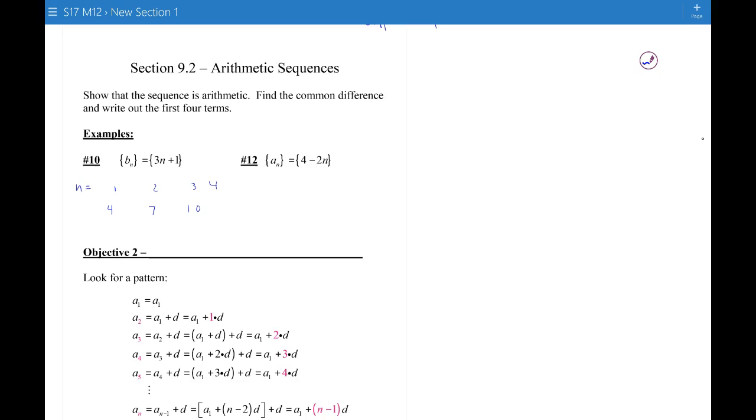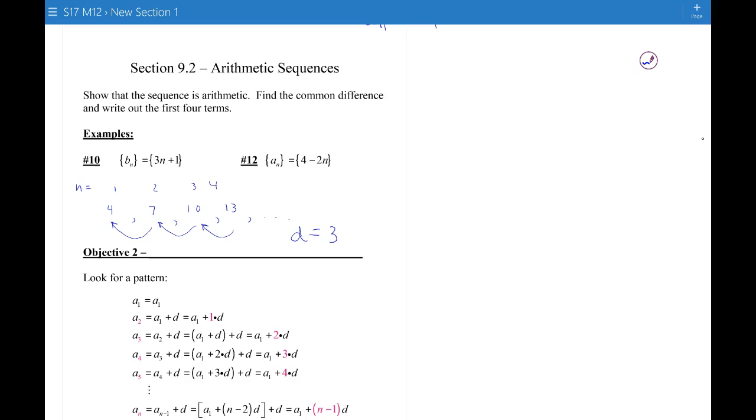When n equals 3, I get 10. When n equals 4, I get 13. So this is the sequence that's being generated. To find the common difference, I do 7 minus 4, 10 minus 7, 13 minus 10, so I can see that my d is 3.